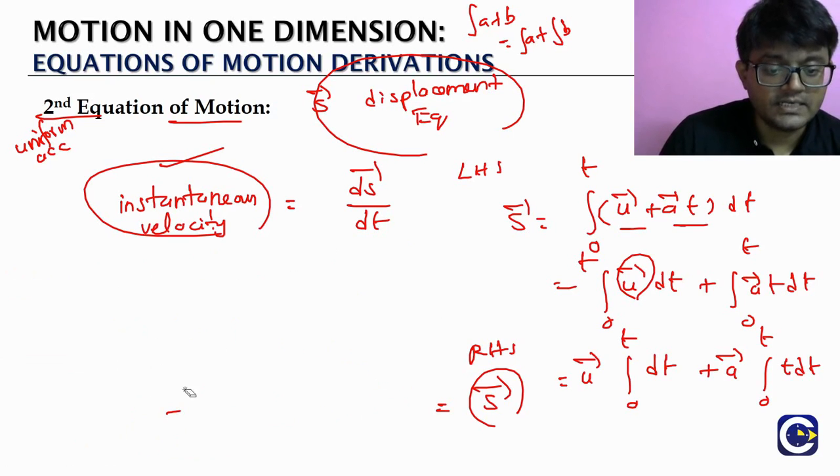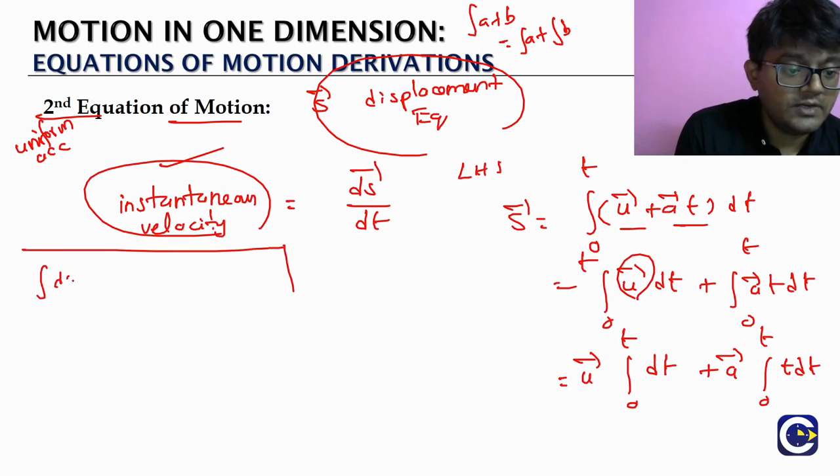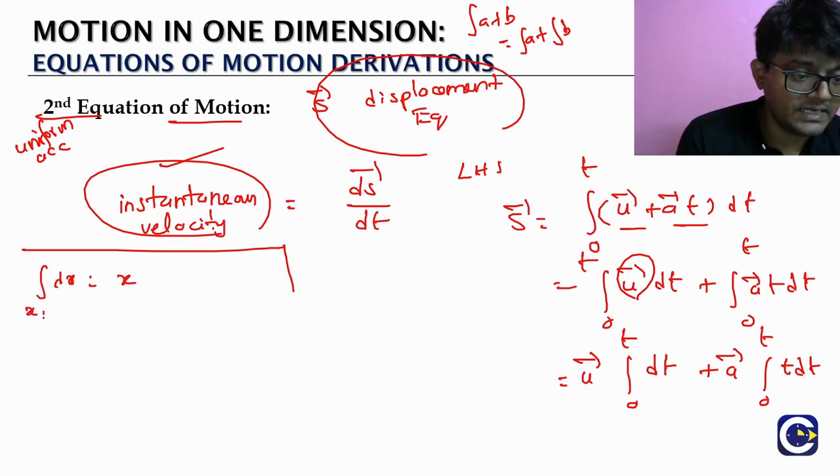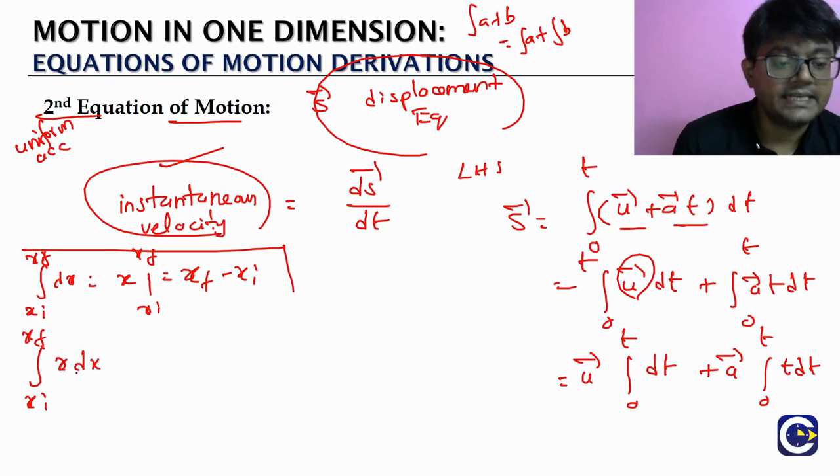Generally when we learn integration, we use the variable x, but here the variable is t. So to remind, integral dx will be equal to x. If the limits are xi and xf, we have to substitute the limits: the final limit value of x minus the initial limit value of x. Integral of x dx, from the initial limit to the final limit, is what?